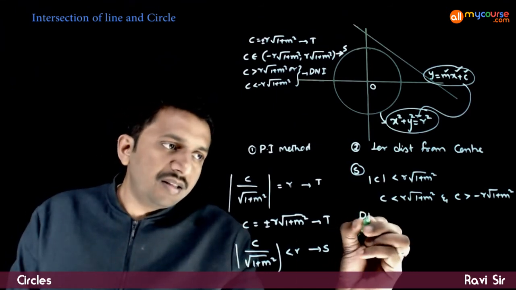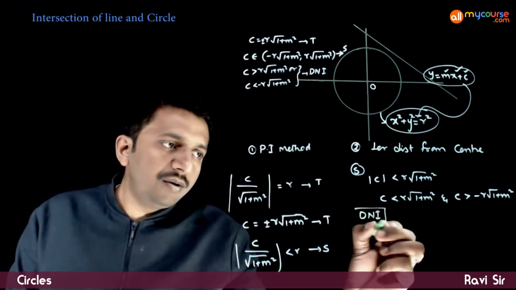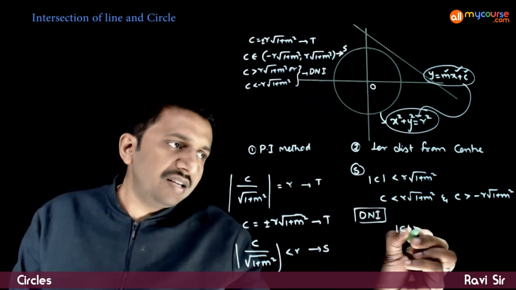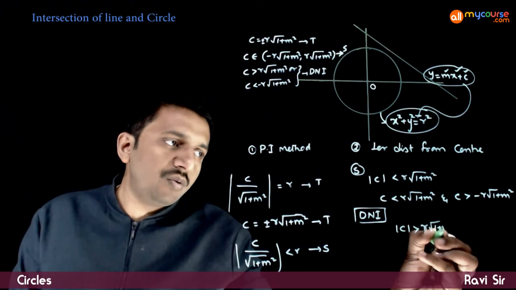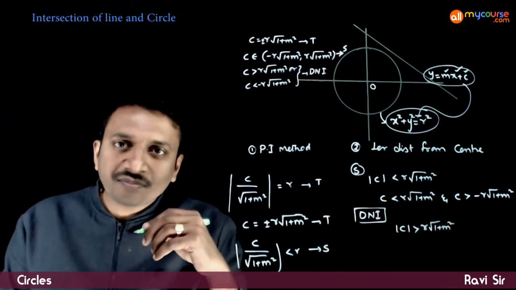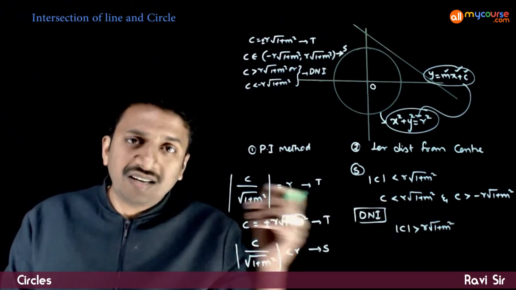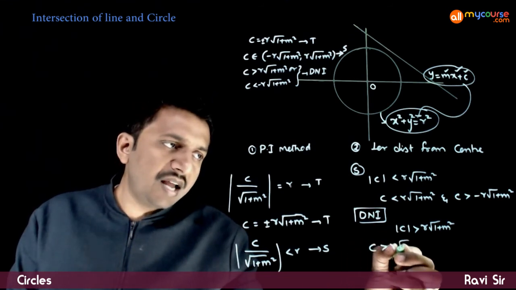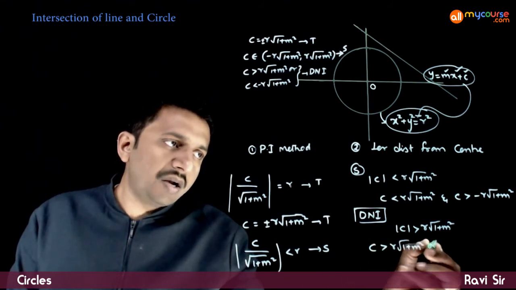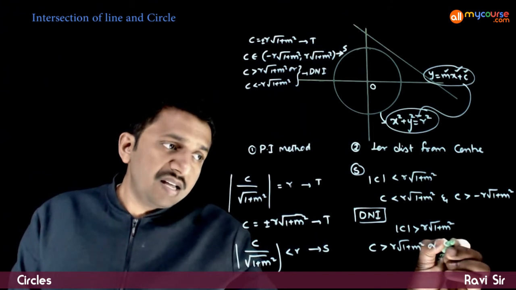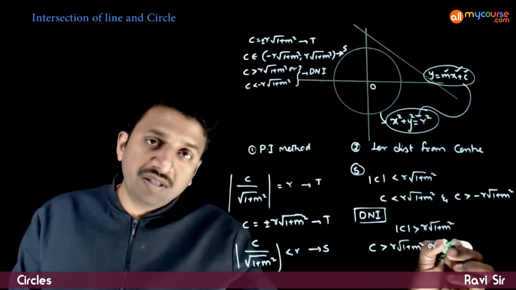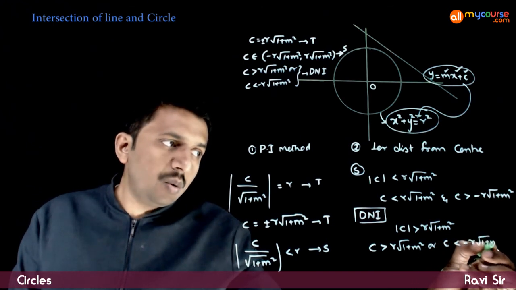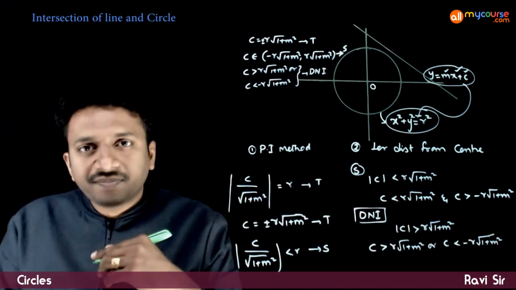And the condition for do not intersect is the reverse condition. Mod c is greater than r root 1 plus m square. So c is greater than r root 1 plus m square, or c is less than minus r root 1 plus m square.